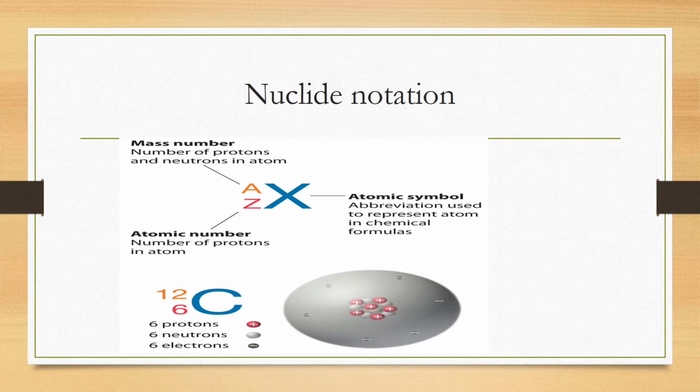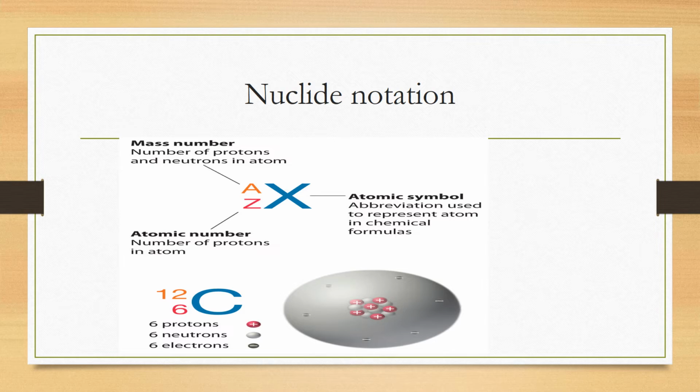A is for the mass number, and you are required to know that the mass number is the number of protons and the number of neutrons together. The mass number is sometimes called the nucleon number. Nucleon number simply means the weight of our nucleus. What do we find inside the nucleus? Protons and neutrons. And we have the atomic number, which is the number of protons. The atomic number is your proton number.